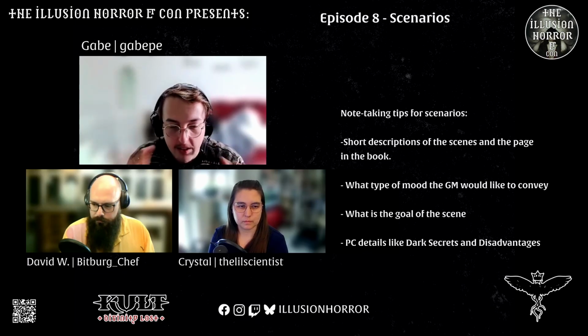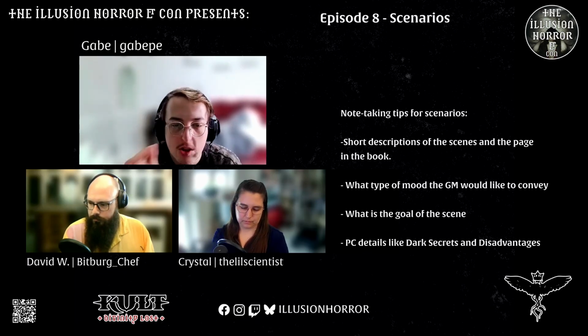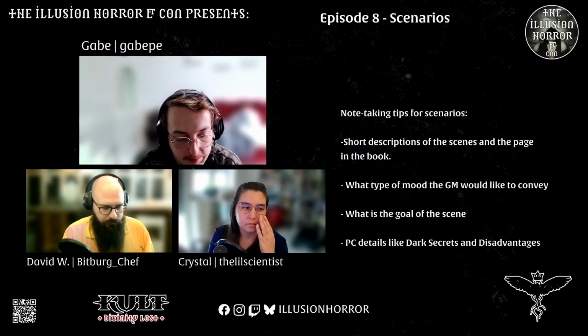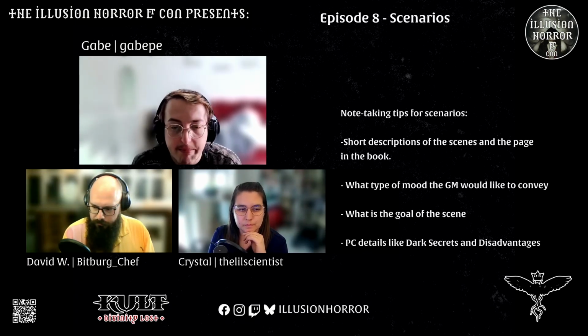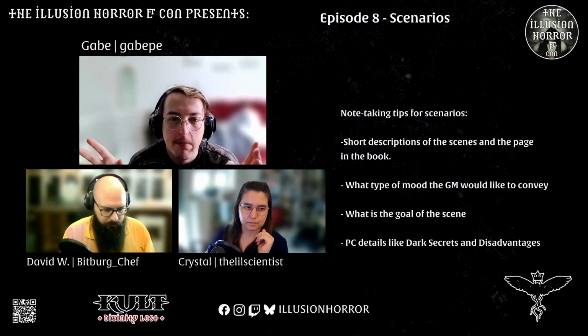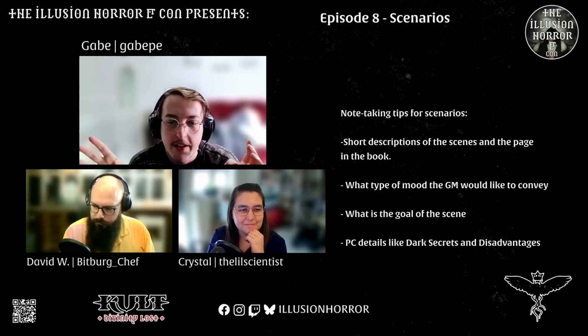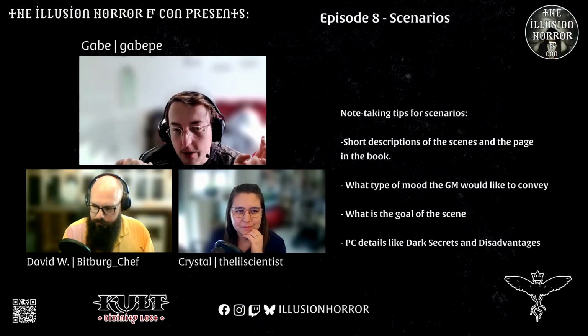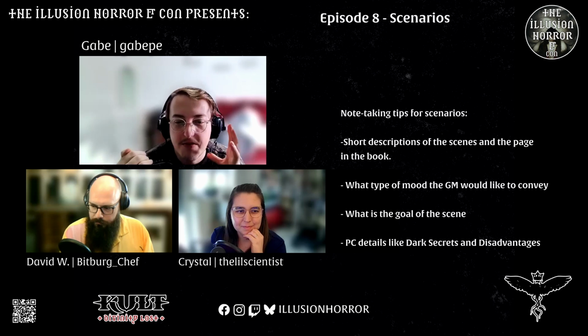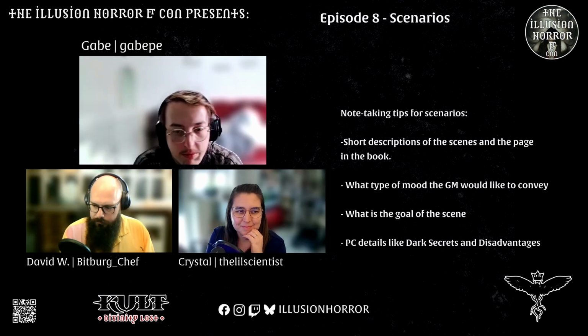Then you can have bullet points just to remind you of the atmosphere. And the characters, you can write them down as Crystal and David. Erratic couple should inspire fear. And then some bullet points: bloody clothes, crazy eyes, stuff like that. That's what I would do.